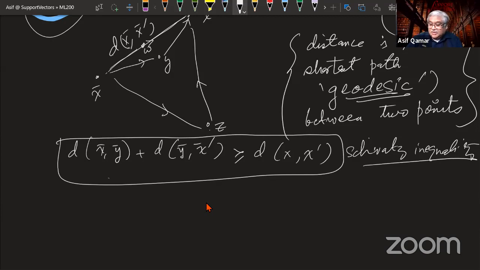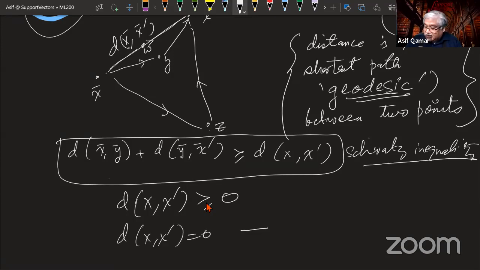So this is it. I'll just summarize these three criteria. What were the other two criteria? d(x,x prime) is greater than or equal to 0, isn't it? And d(x,x prime) is equal to 0 if and only if, the mathematical word people use, IFF, which is a misspelled if, it means x and x prime are the same point.